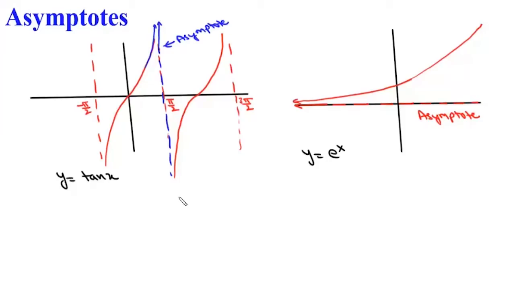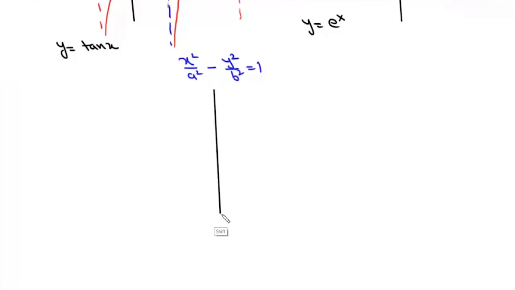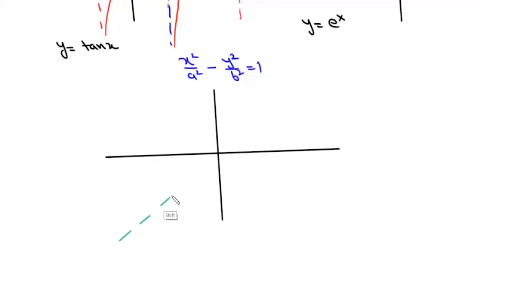And finally, we'll consider the graph of hyperbola, which is x square upon a square minus y square upon b square equals 1. Now, to draw this graph, what you do is we draw these two lines, which are asymptotes of hyperbola, and then we draw this graph.